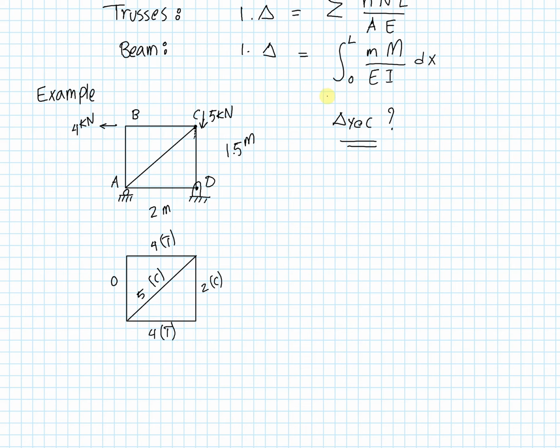Okay. Now, the next thing we're going to do is introduce virtual forces. So what I'll do is I'll apply force going downwards. It will have a magnitude of 1. And the reason why I'm doing this is because the question is asking us, what is the vertical displacement at location C? Okay, so I need to draw a second truss structure and show its brace.